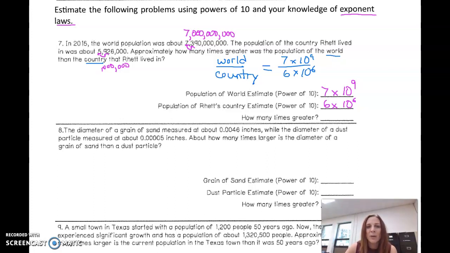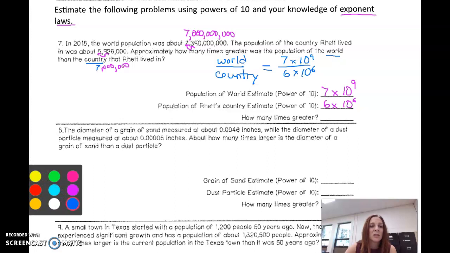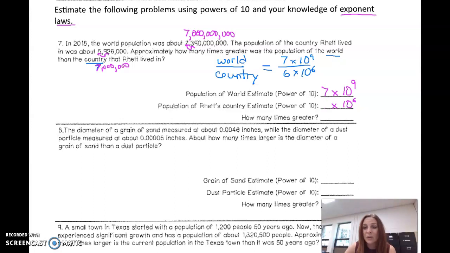Since the world population rounds to 7 billion, we're going to round the country's population to 7 million. That's not a close approximation, but we're trying to make these problems really easy. When you're dealing with millions and billions, what's a million, right? If we make that 7, 7 divided by 7 is 1, so that's gone.